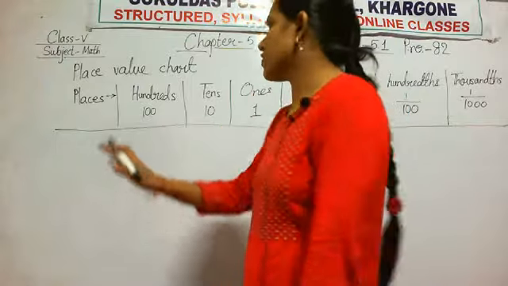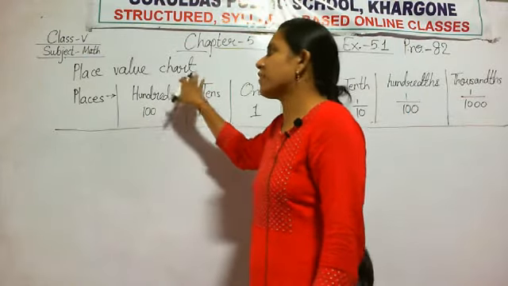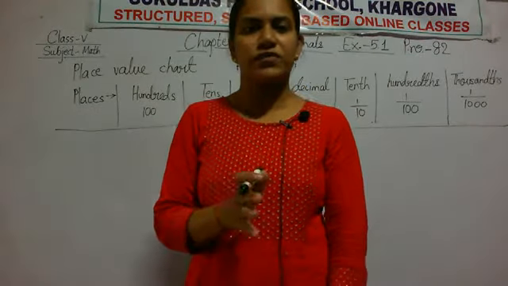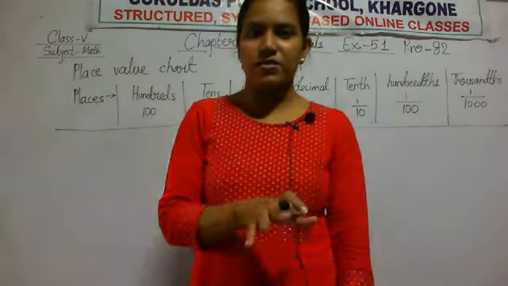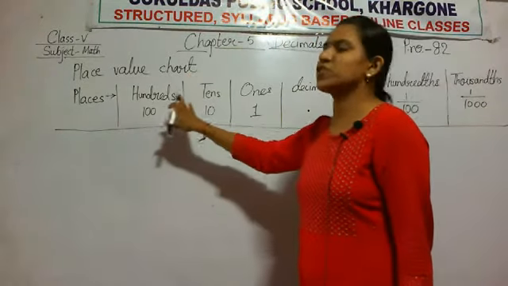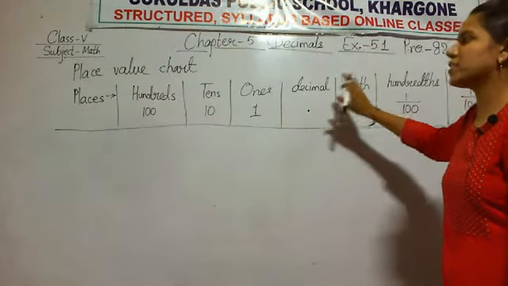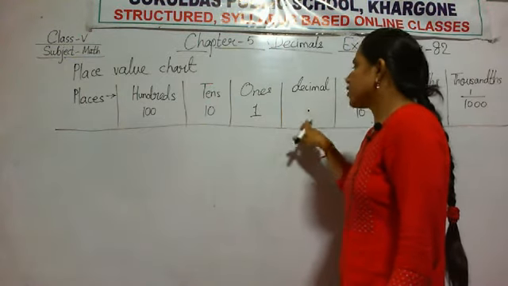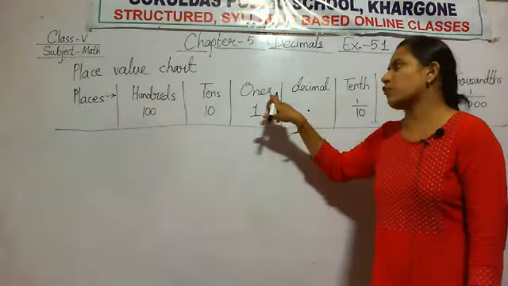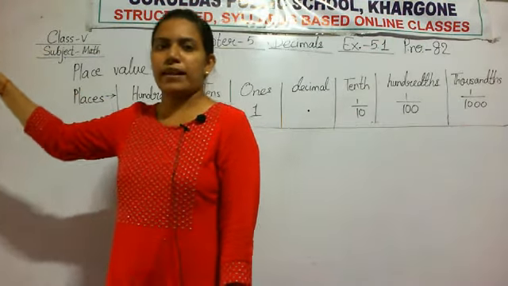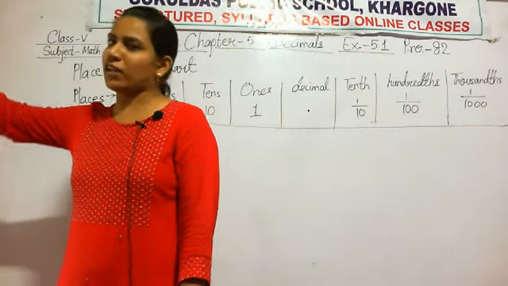Before starting this question, first understand the place value chart for decimal numbers. You have learned the place value chart for large numbers, right? This is the place value chart for decimal numbers. Left of the decimal, the places are ones, tens, hundreds, thousand, 10,000, lakh, 10 lakh, crore, 10 crore, and so on.